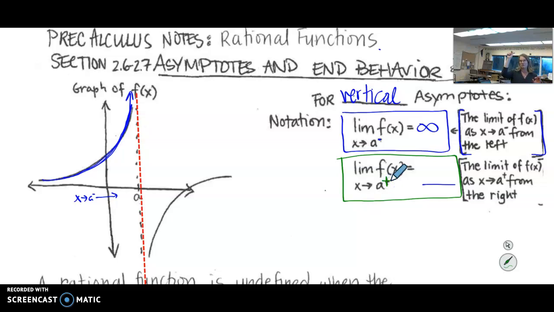It's like an exponent, and it means we're coming towards a from the right side. As x is getting closer to a little bit more than a, what's going on with the graph? As we approach that asymptote from this side, in this particular example, the y-coordinates are going towards negative infinity.